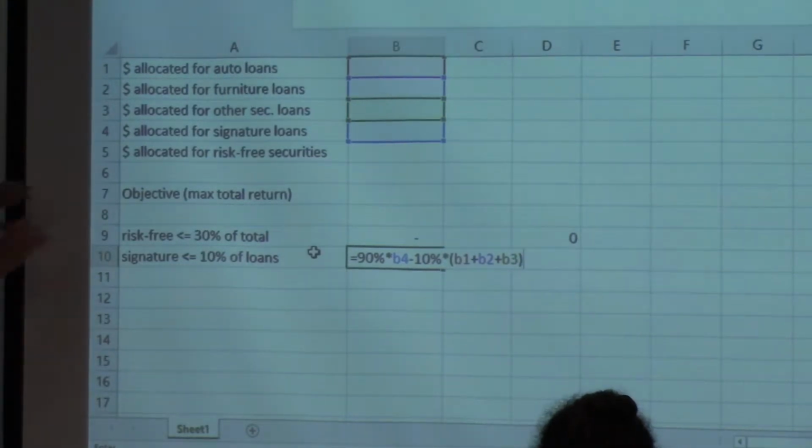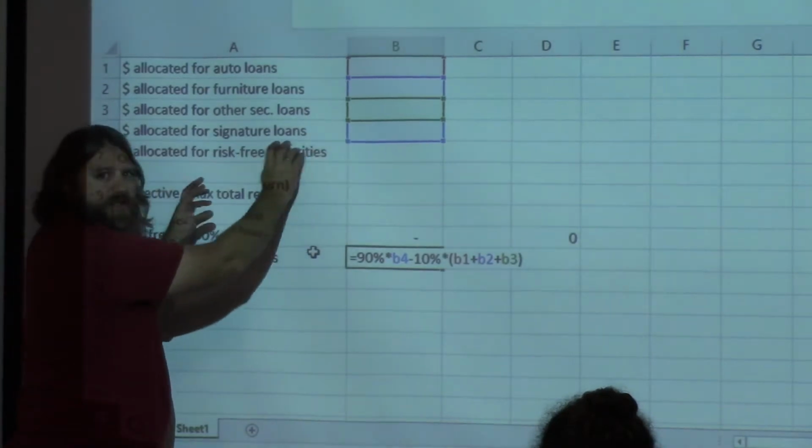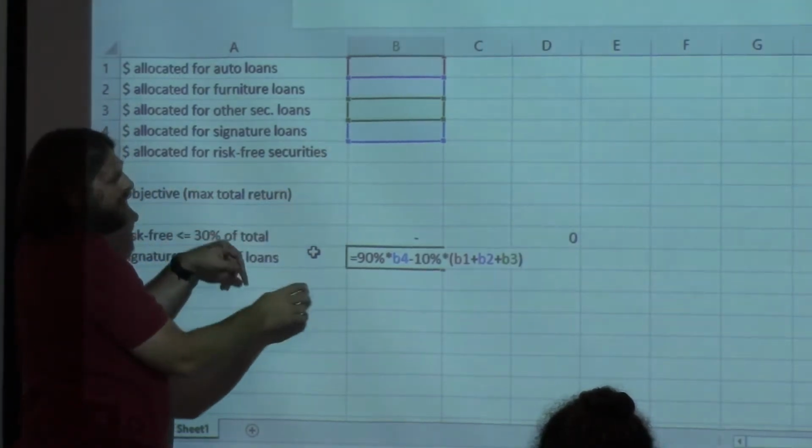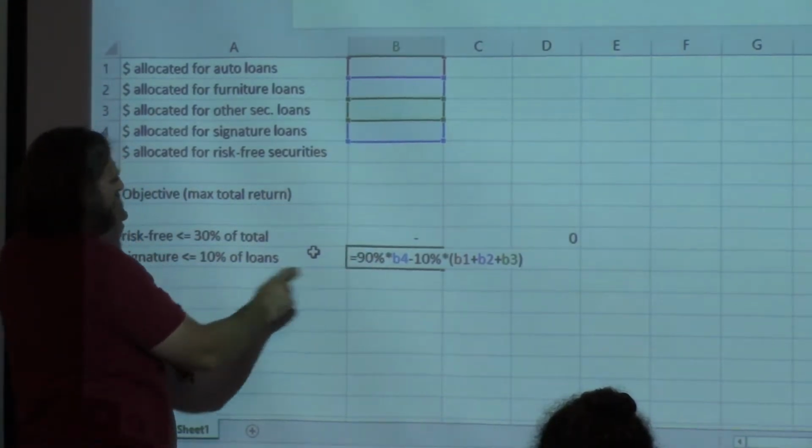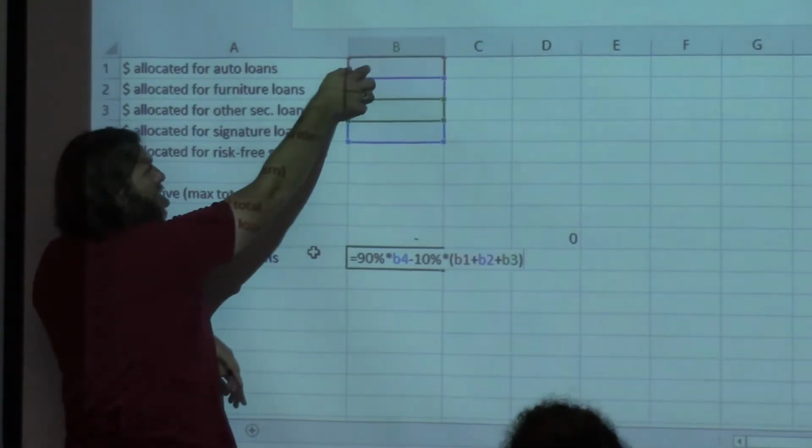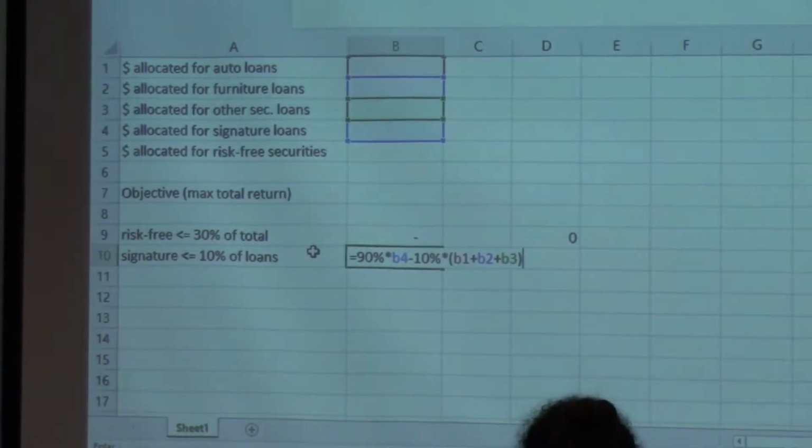Now we're not taking into account our risk-free securities here. We're saying that 90% has to be these right here.